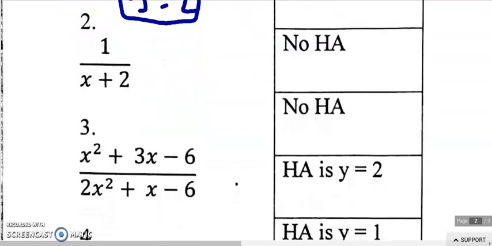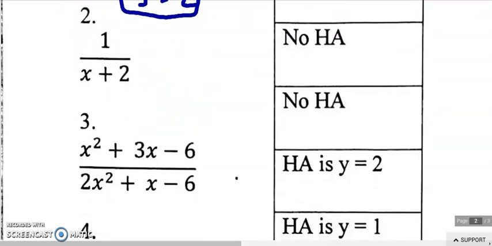When I scroll down to number 2, I notice that there's only one x in the fraction. But in order to find the horizontal asymptote, I need to compare both the numerator and the denominator. So I'm going to remember that if I don't see an x, there are 0 x's in the numerator.